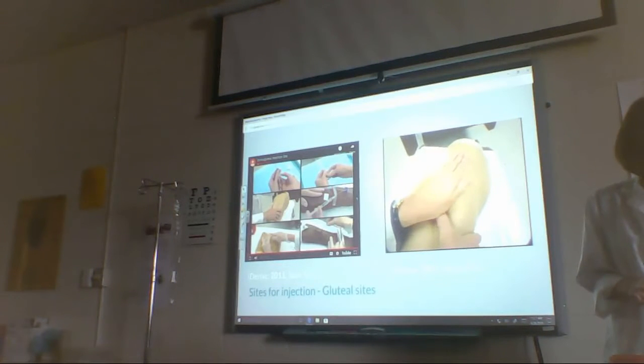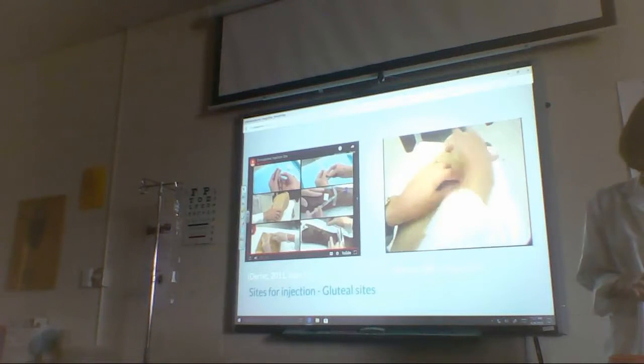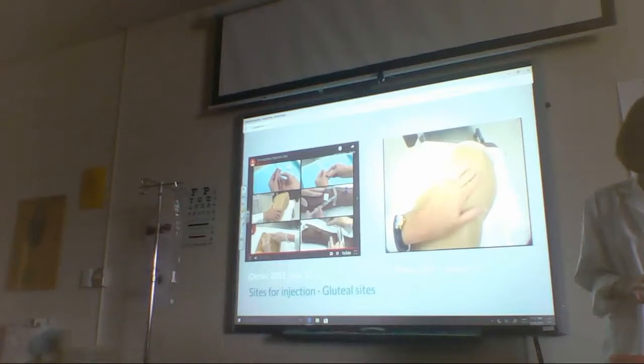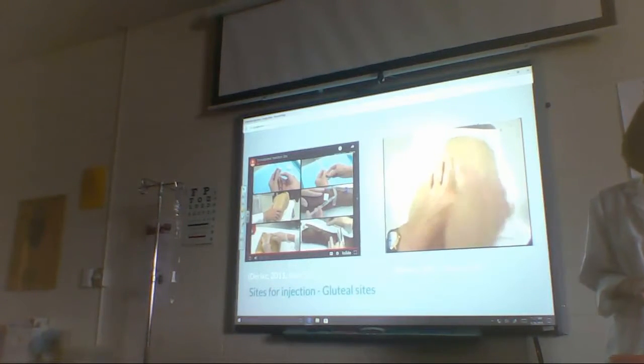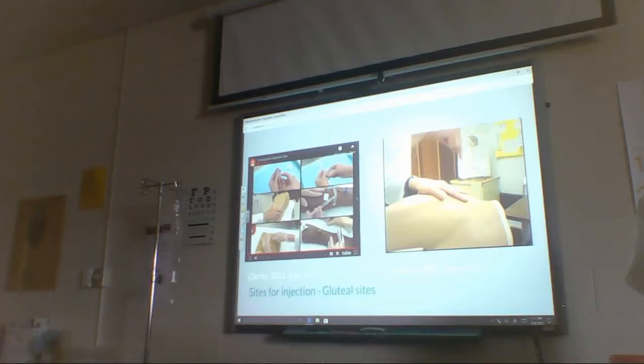Keep palm on greater trochanter and point index finger toward client's anterior superior iliac spine and fan out other 3 fingers. Form a V area with index finger separated from other 3 fingers. Inject medication at 90-degree angle within the area.